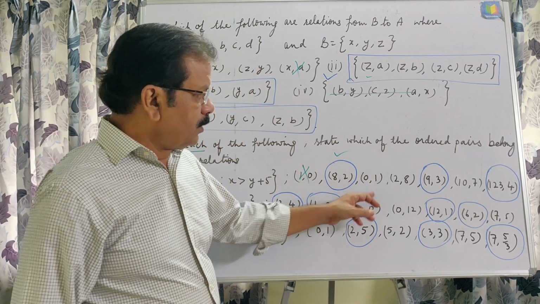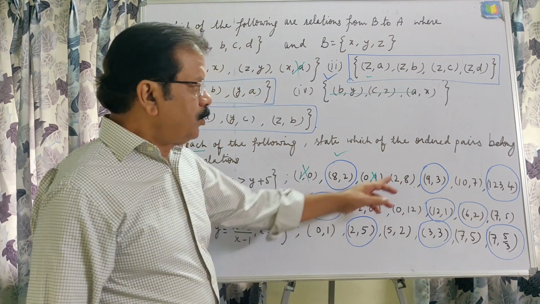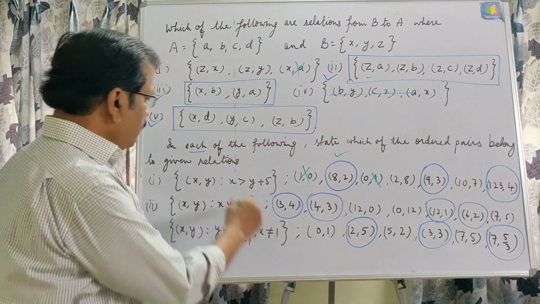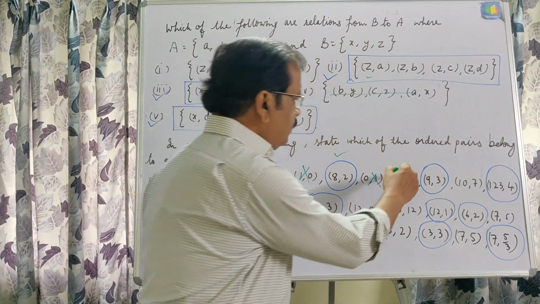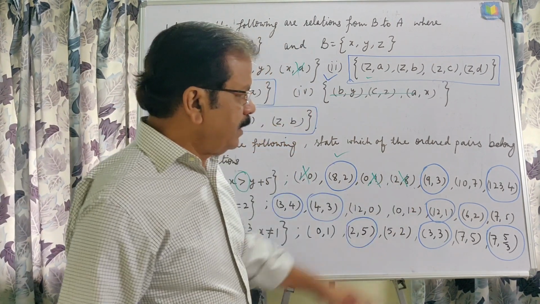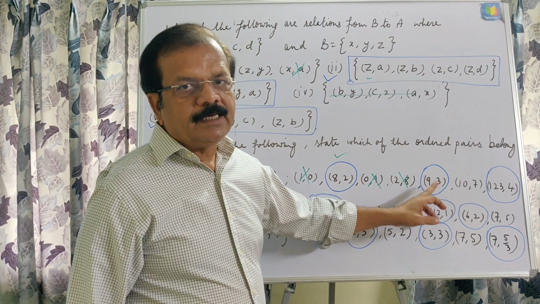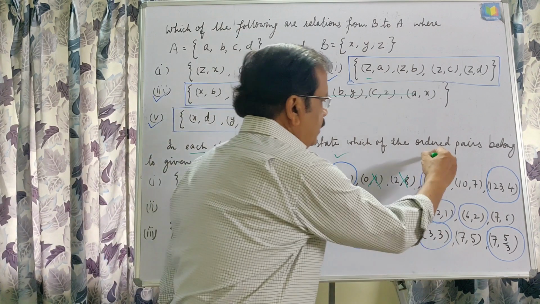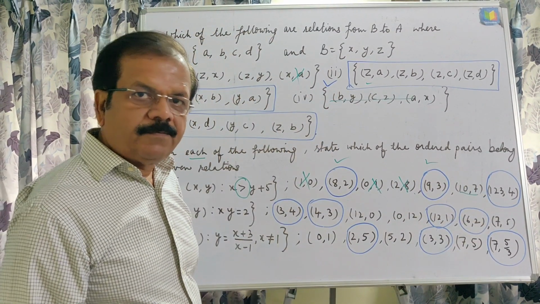This is also not taken. And 8 plus 5 is 13, 2 is less than 13, but our relation is defined by greater, so this will also not be taken. In the same way, 3 plus 5 is 8, 9 is greater than 8, this will be taken, and this will not be taken because 10 is less than 12.